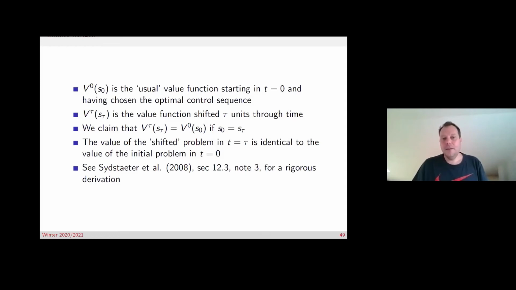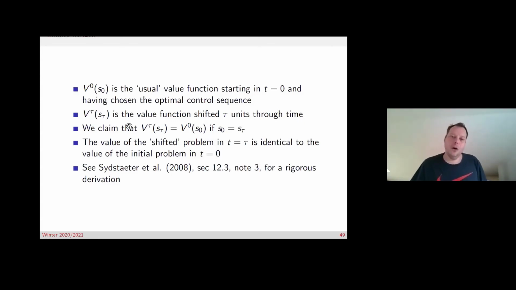Okay, so there's basically no difference between the two, right? And you have the situation that you shift this problem through time. So instead of being in 0, you argue, okay, what would be the situation if I'm in 5 years?